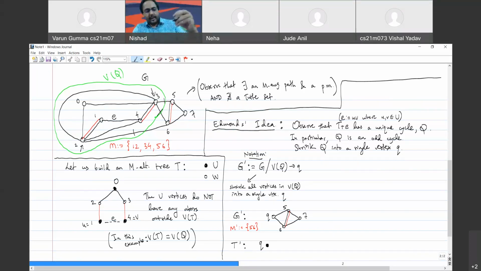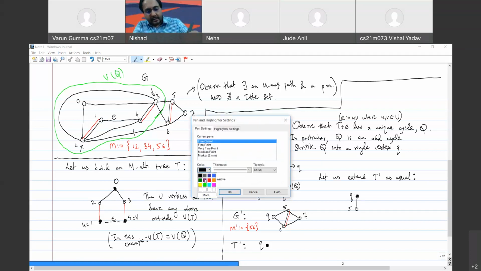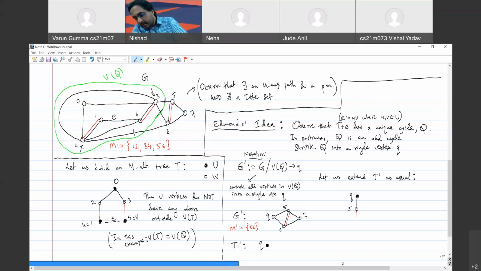So let's try to build this tree. Let us extend. Let me just redraw here. So we are starting with the vertex Q. Let's look at its neighbor. Let's say I find the neighbor 5. Well, 5 is already matched, so I will add both 5 and its matched neighbor 6.